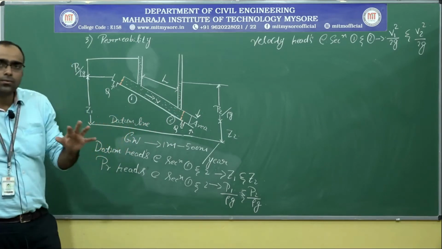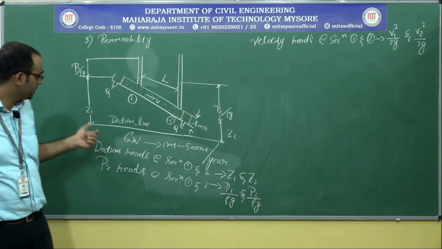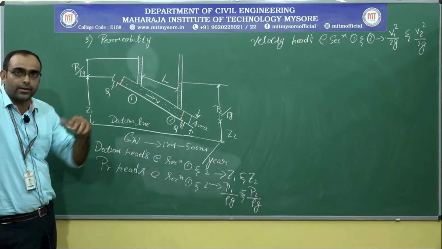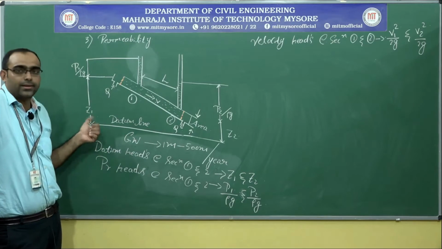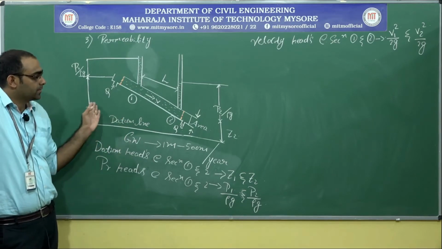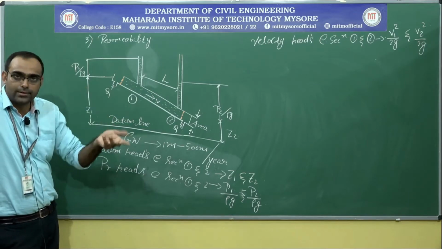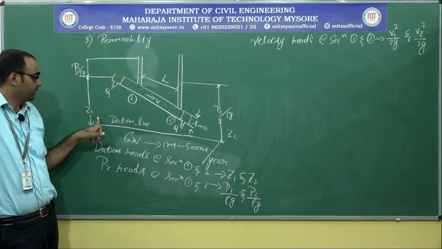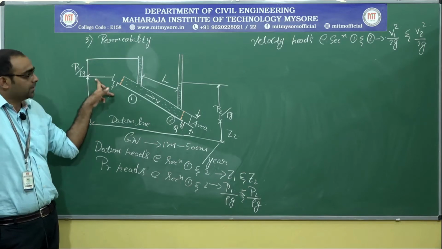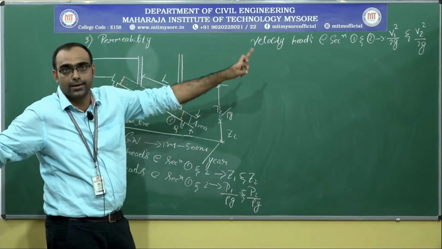So what all energies are available? We can express the energy in terms of head. The kinds of heads available here are the datum head, pressure head and the velocity head.